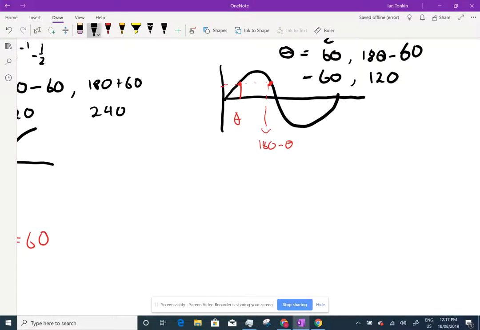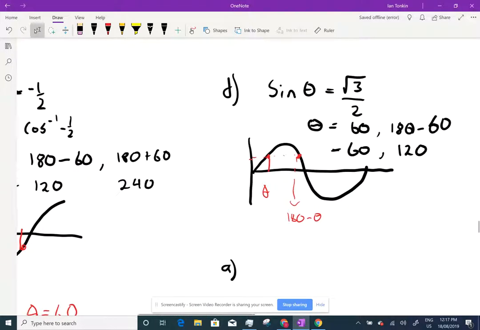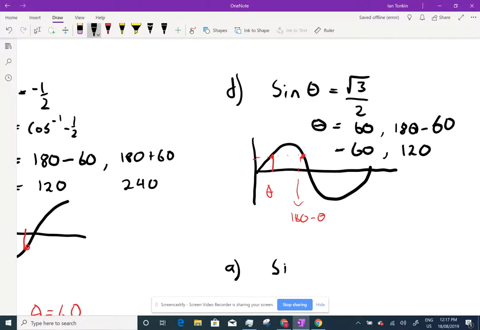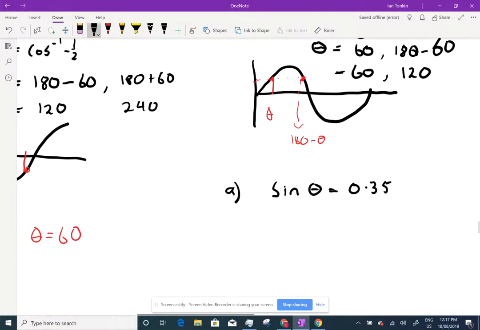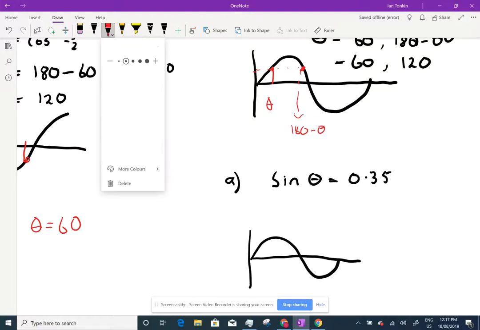Now, I'm going to go back and do A because you have to use your calculator for this. Sine theta equals 0.35. So again, it's going to be the same thing. Here's sine, and I know that 0.35 is down here.